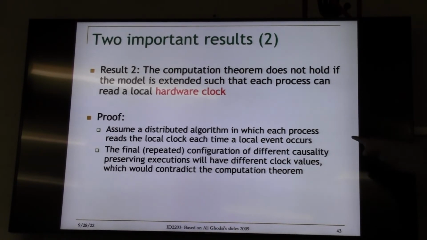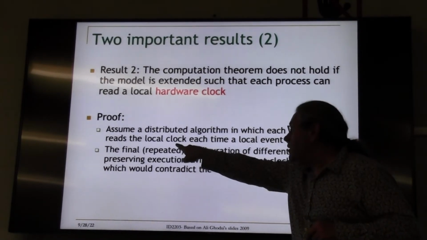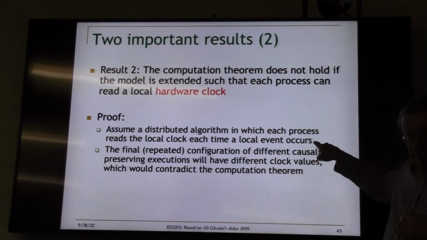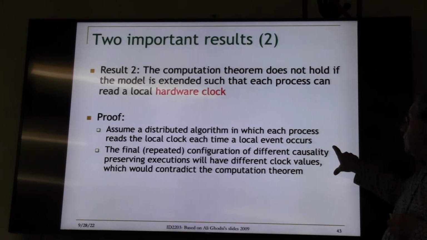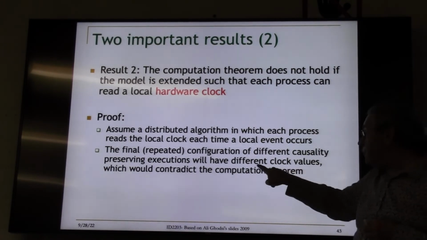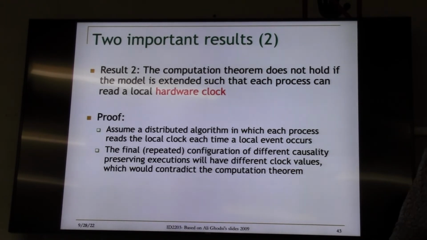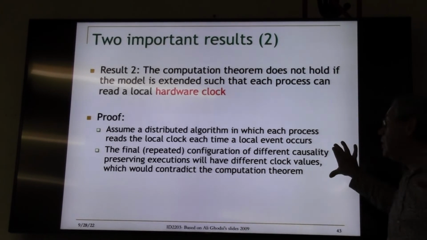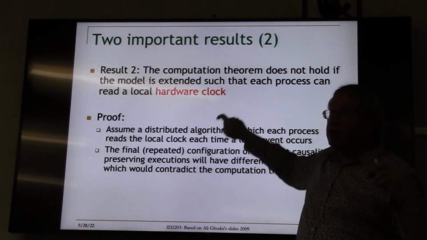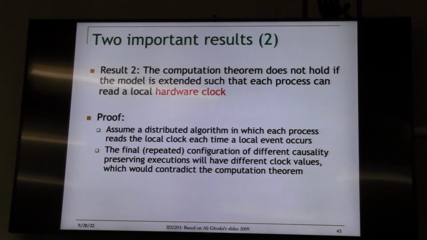But if you have one, each process can read the local clock whenever there's an event, and the final configuration will have different clock times because the events are happening at different times. That's not possible according to the computation theorem. That means the hardware clock breaks things. With the hardware clock, you can make the difference.